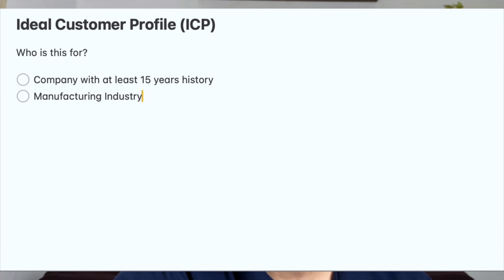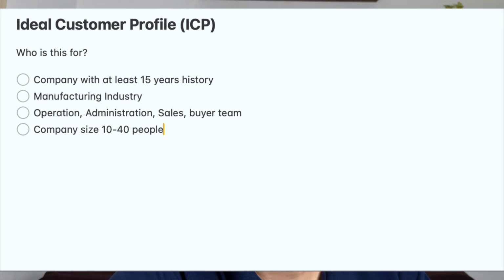We want them to be in the manufacturing industry, and I want to target a team in operations, administration, sales, and buyers. The company size is roughly 10 to 40 people, and I want to exclude IT companies, marketing companies, AI or automation companies, as they are out of our target.